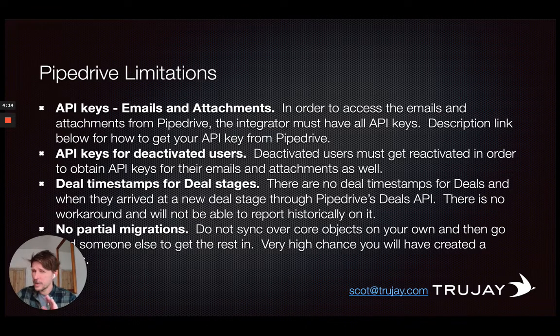It's about 50-50. A lot of customers don't care, but a lot of customers do. So it's something for you to know if you're looking to import your deal history. Typically when we do a migration, you can immediately pull up a report and look at how your historical deals have done. With Pipedrive, we can't do that. You will not be able to do that.